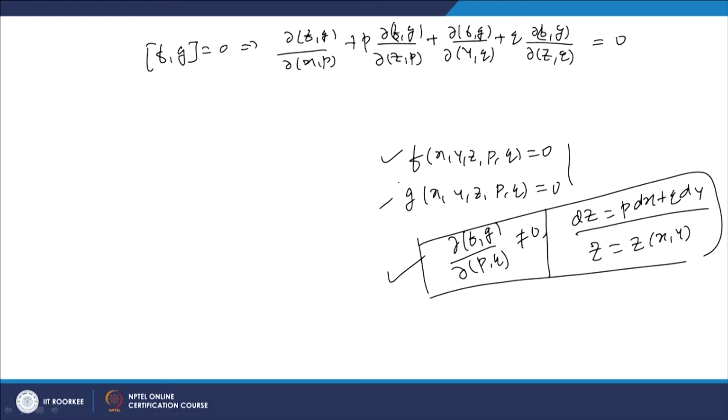We obtained that if the bracket [f, g] = 0, that is, the Jacobian of f, g with respect to x, p plus p times the Jacobian of f, g with respect to z, p plus the Jacobian of f, g with respect to y, q plus q times the Jacobian of f, g with respect to z, q is equal to 0, then we are able to find one common solution of f and g.